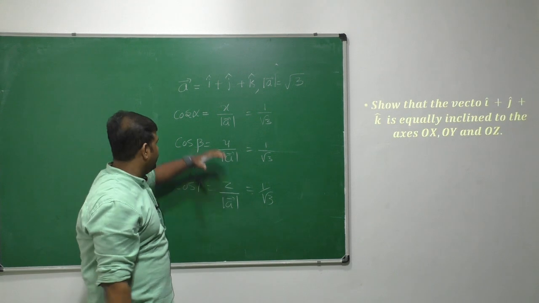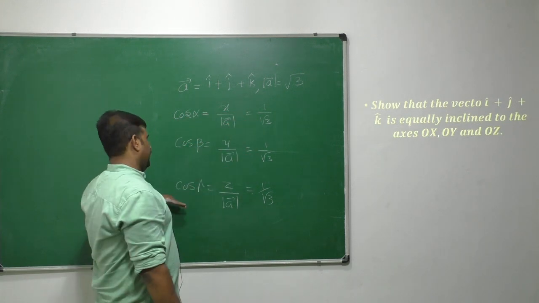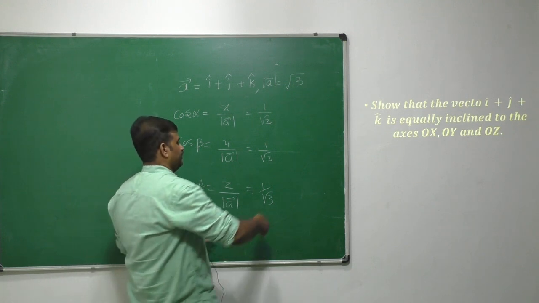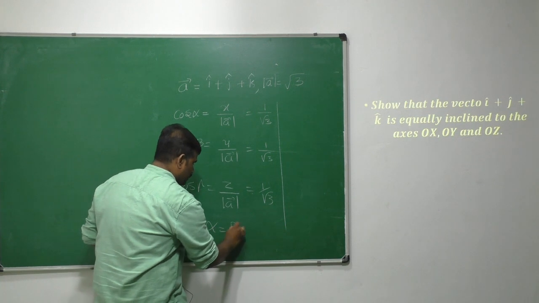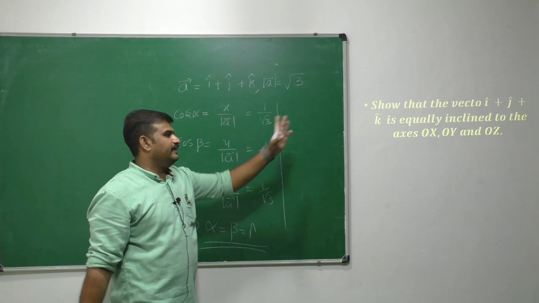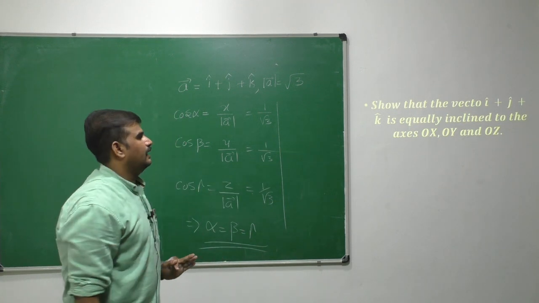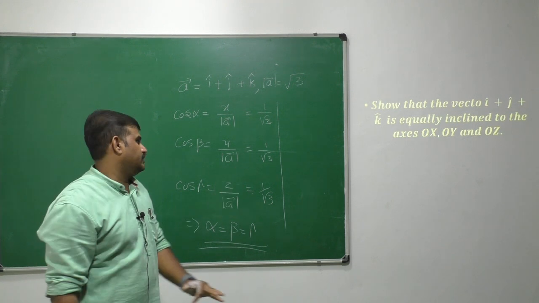Look, in each case, cos alpha is 1 by root 3, cos beta is also 1 by root 3, and cos gamma is also 1 by root 3. Clearly, which implies your alpha is equal to beta is equal to gamma. This shows that this given vector is equally inclined to the axes OX, OY, and OZ.